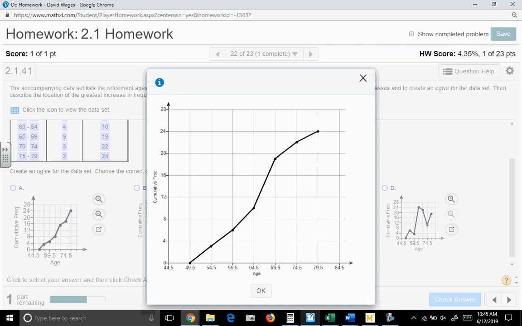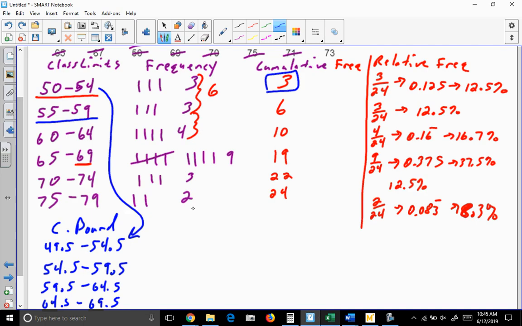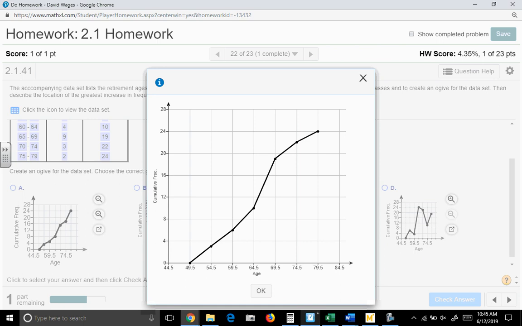Then after we get through the fifth category, we have a total of 22 values. And by the time we get to the very end, 79.5, the upper boundary for the last category, we have a total of 24 points.